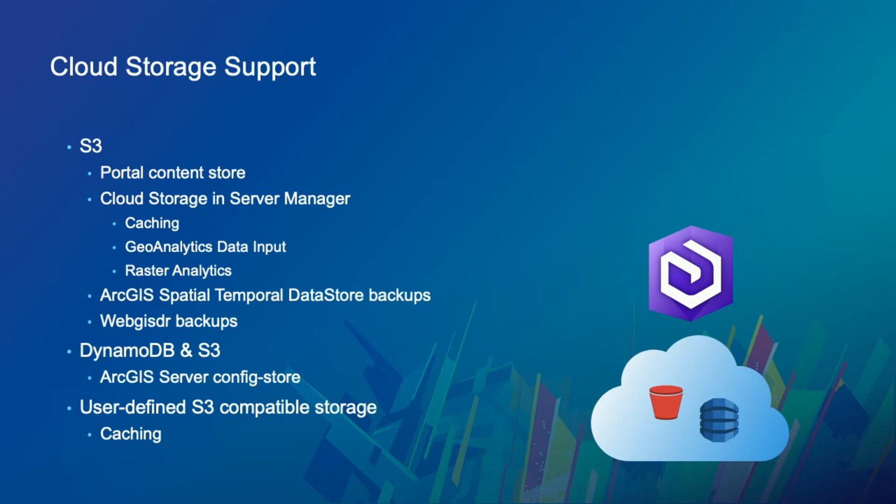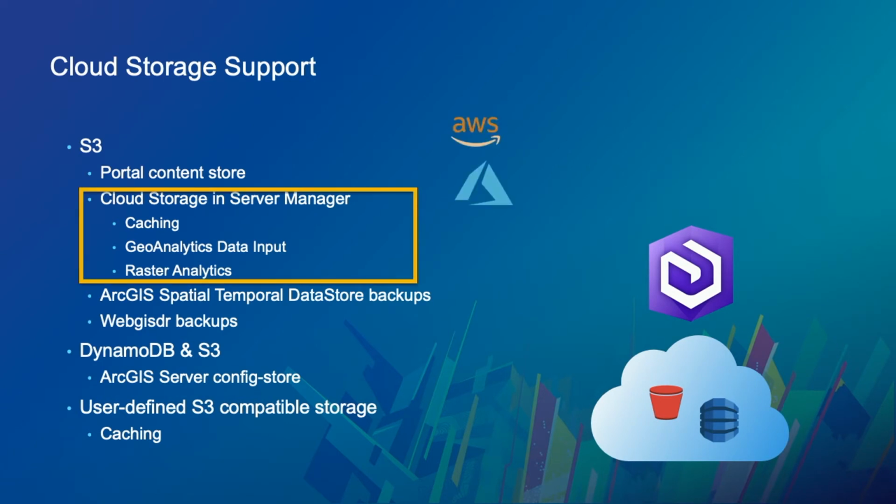And with S3, you want to use it not just because it's highly available, it's also highly scalable. You can almost consider it as unlimited space, which you probably don't have on-premise. So it's a very good fit for caching, for big data input, for raster analytics. At the beginning, we implemented this feature to support Amazon S3 and Azure blob storage, and then we added Alibaba Cloud and Huawei Cloud Storage.